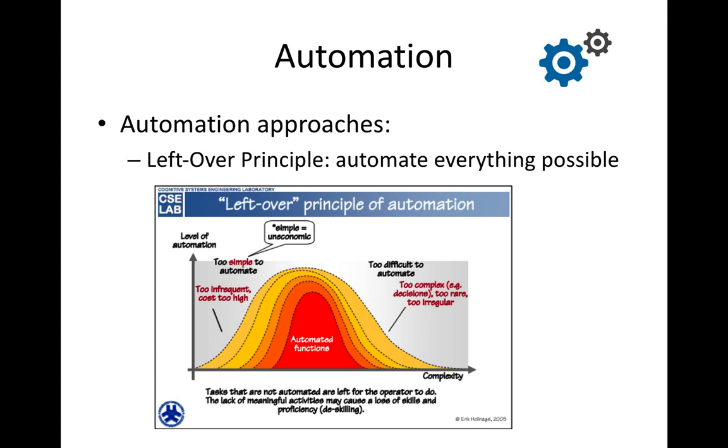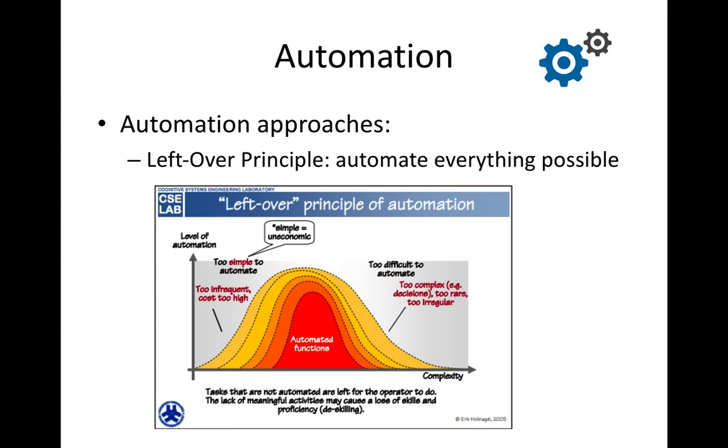Now, the reality is that there are going to be tasks that are incredibly complex, or tasks that are run very infrequently. These are the sorts of tasks that we might not choose to automate, at least not right away.